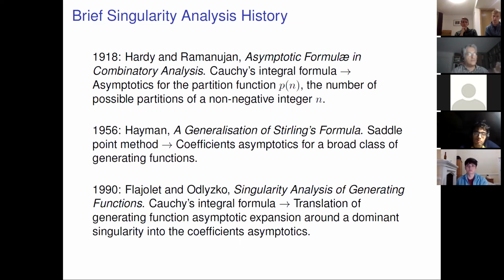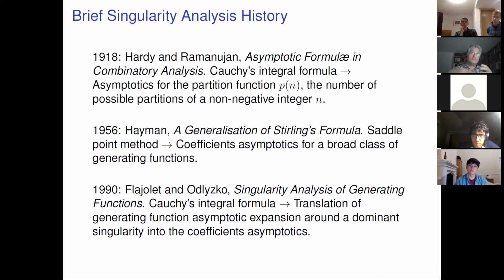In 1956, Hayman applied a new method, the saddle point method, to generalize Stirling's formula. And in 1990, Flajolet and Odlyzko, in a seminal paper in the analytic combinatorics field, got several transfer theorems to translate the generating function expansion around the dominant singularity into the coefficient asymptotics.